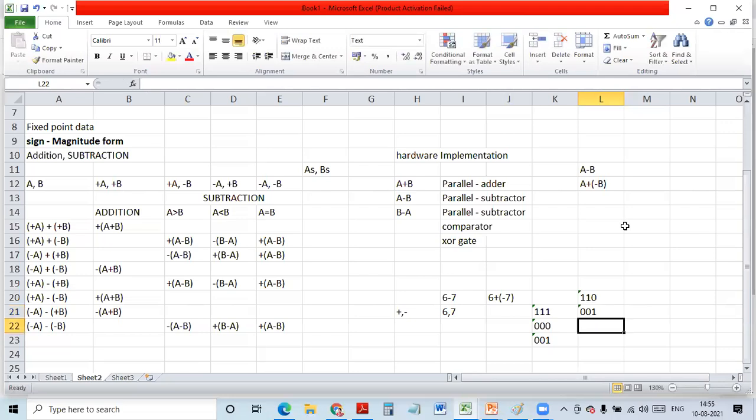Now I have to add these two. If I add these two, what is the result? Your result is 1, 1, 1. And do we get any carry? We didn't get any carry. The extra bit here is 0, so there is no carry. So while performing 2's complement addition, if you don't get a carry, what does it mean?